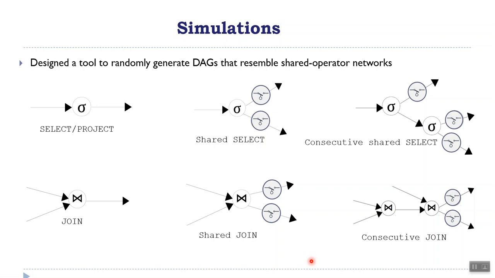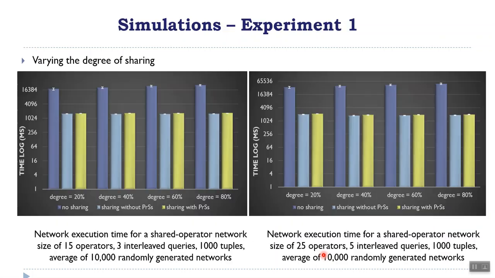In our first set of experiments, we varied the degree of sharing, and then we compared three kinds of networks. One network has absolutely no sharing, each query running as a separate operator network, then a shared operator network without the privacy switches, and then shared operator networks with privacy switches embedded.